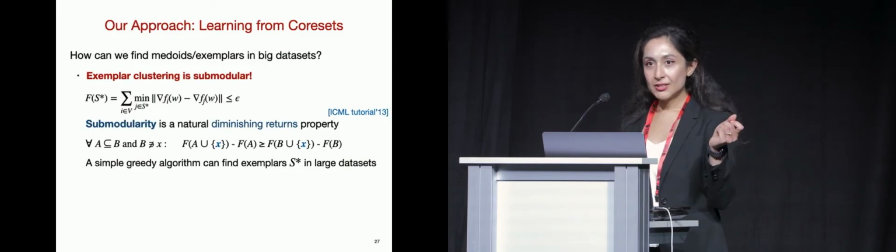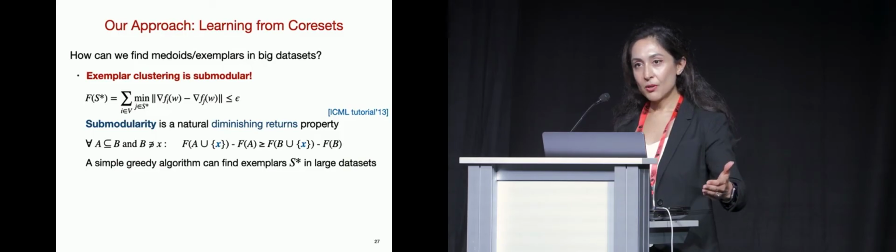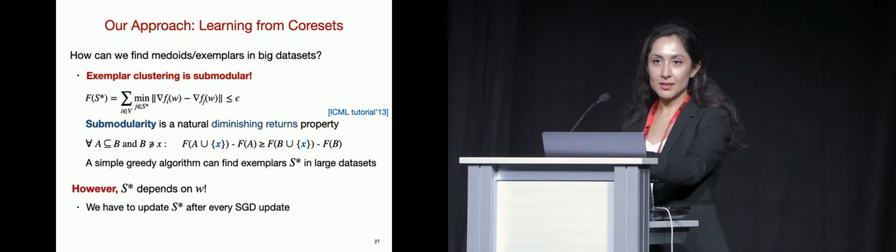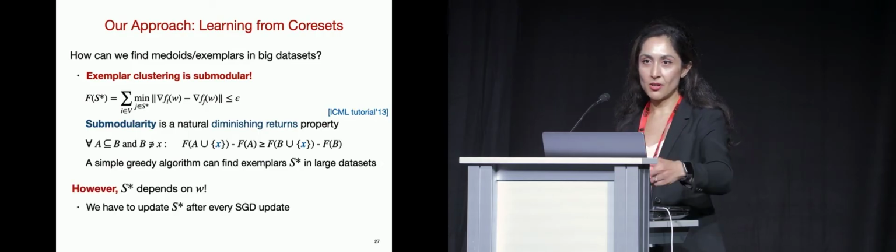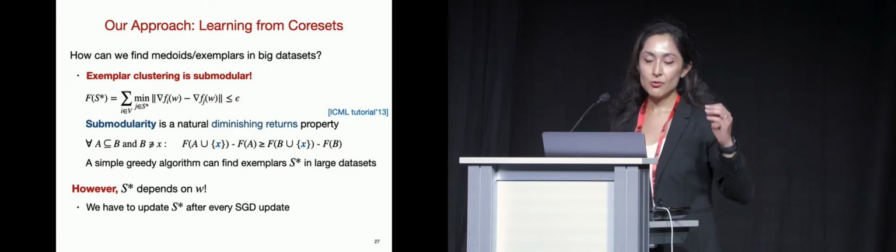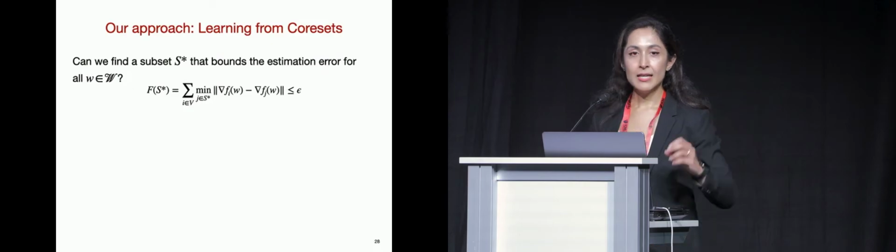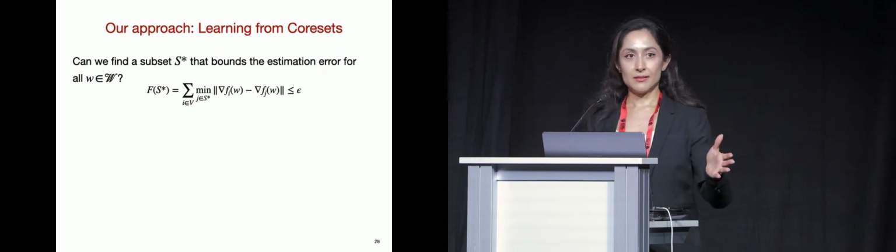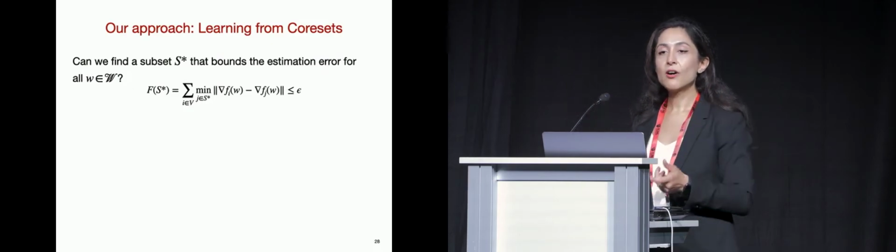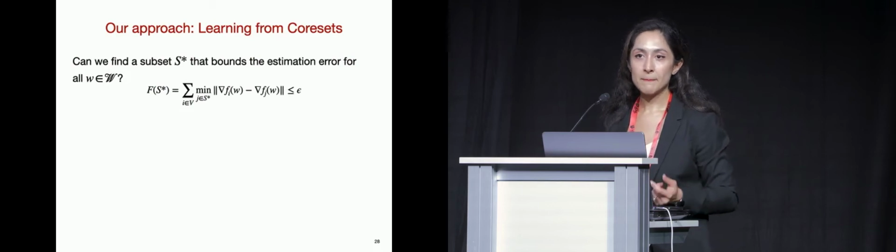But the short message is that if a set function has this property, then we can find the subset by maximizing a submodular function very efficiently, very quickly, using a simple greedy algorithm, if this is a monotone submodular function. So we can find the subset. Even if you don't know submodular functions, we can find the subset from big data very quickly. So we are good here.